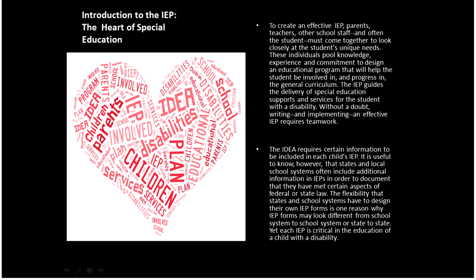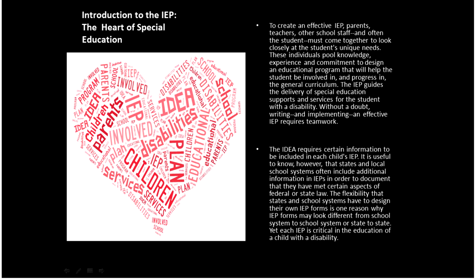When we look at different forms, there are basic components that are required by the federal government, and sometimes you'll see that states have slightly different wording or things that are added, but the basic federal requirements are always there. States have a little bit of flexibility in how they produce their forms and how their forms are set up.